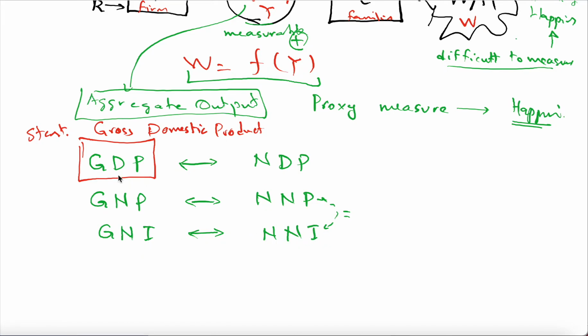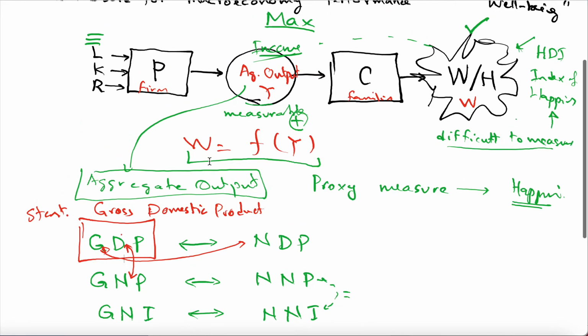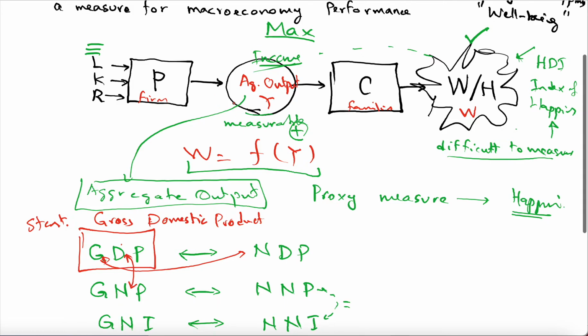So what is net versus gross, and domestic versus national. If we can find and understand the differences, then we would have a better measure for the size of the cake which the economy is producing, and the bigger is the notion of maximize. So it's the better performance.